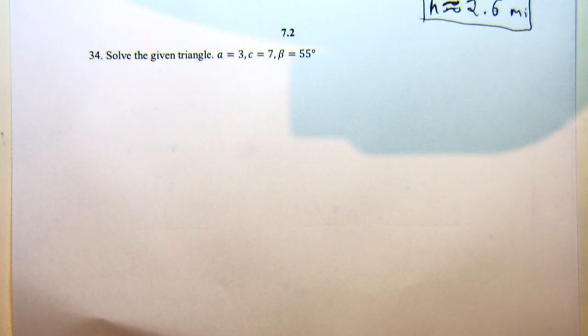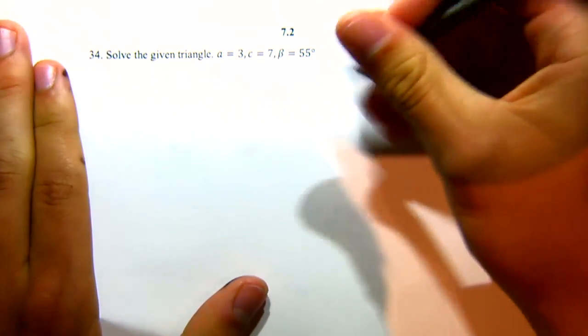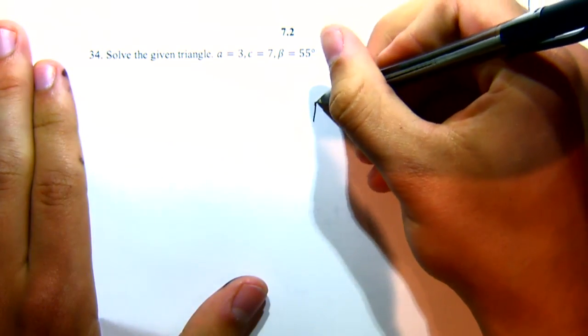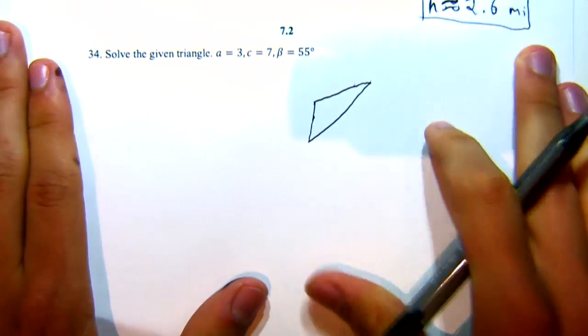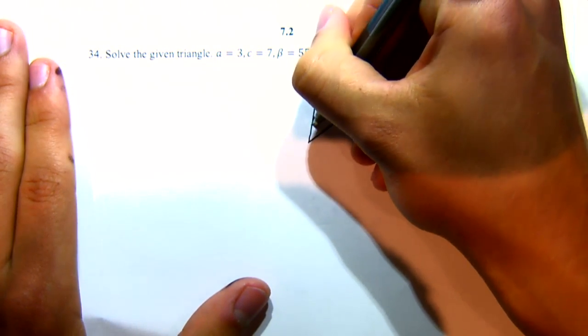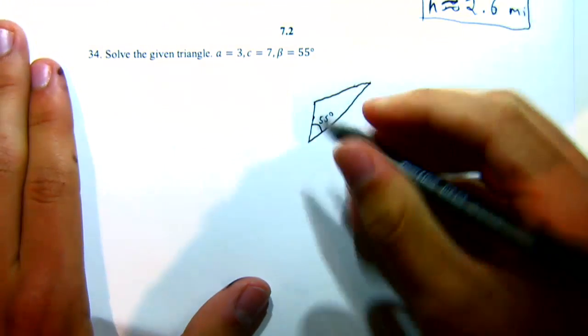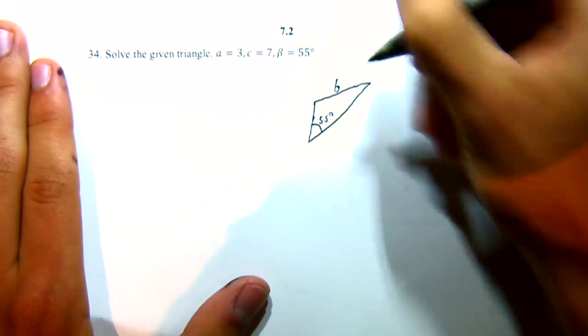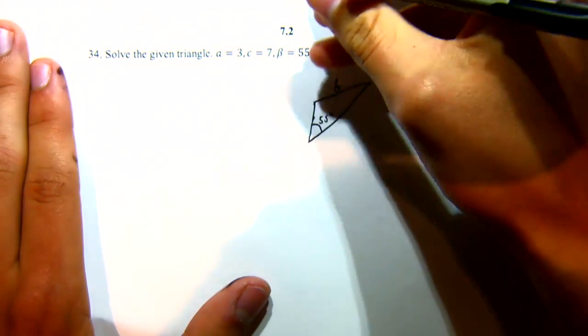So in this case, we can't use the law of sines because we don't know the length of a side that's opposite to an angle. So if we draw out this triangle, it's not going to be to scale. Say this is 55 degrees, and that's beta. So that means this is b. And then we have a is 3.